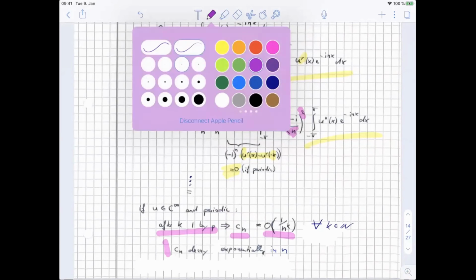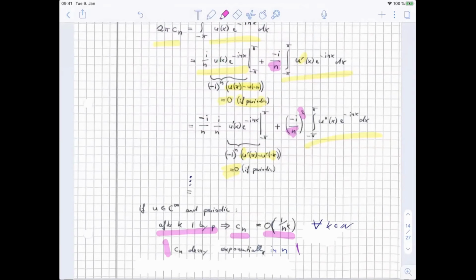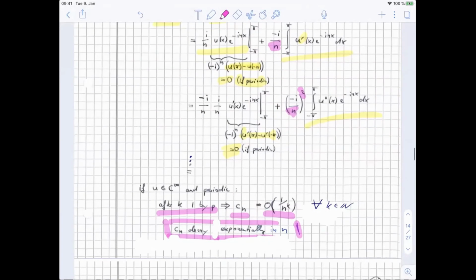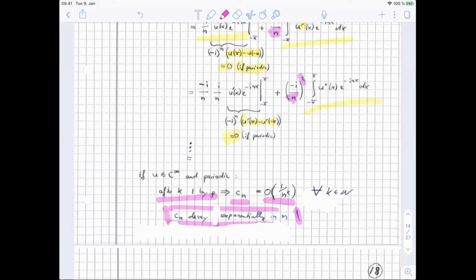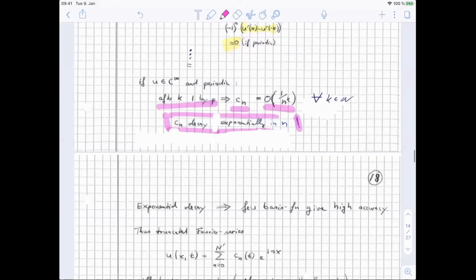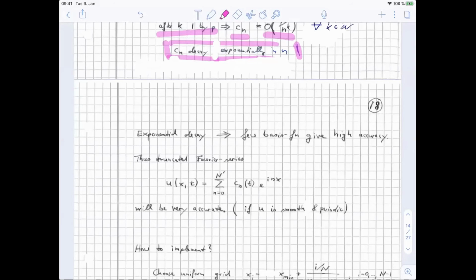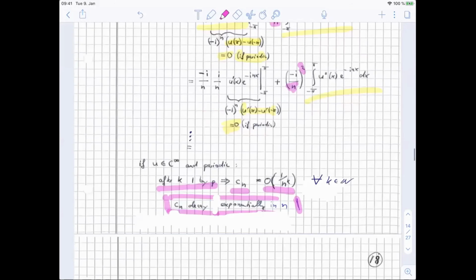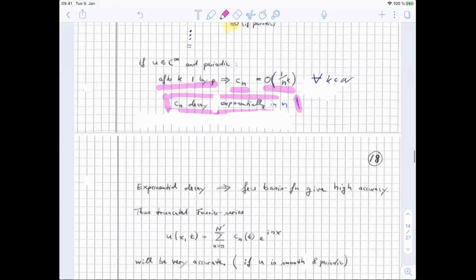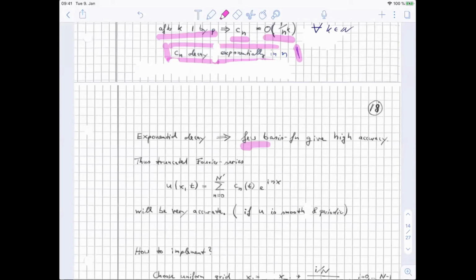So, spectral methods, wrong button. This looks awful because I had erased some scribbly text on my notes after scanning them in. The point here is that if you expand periodic functions in a Fourier series, then with very, very few basis functions, you can get very, very high accuracy.